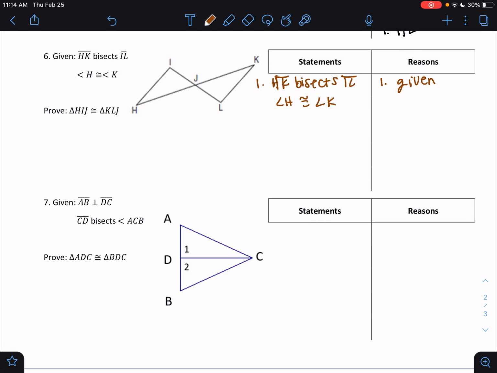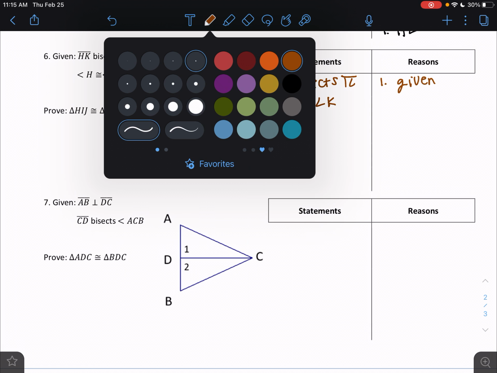So we are given that HK bisects IL. So that means that it's cutting IL in half. And then we know that H is congruent to K, because again, it is given.